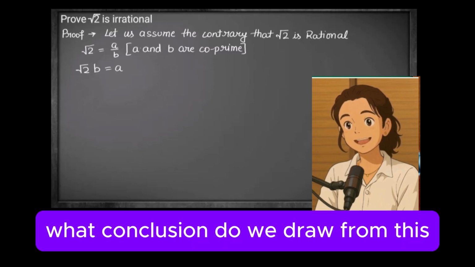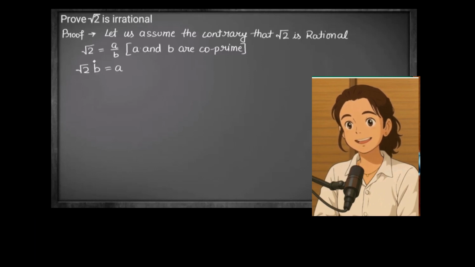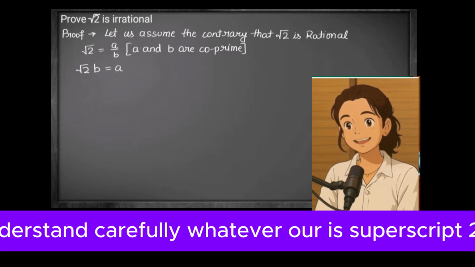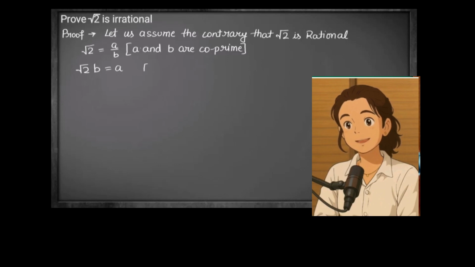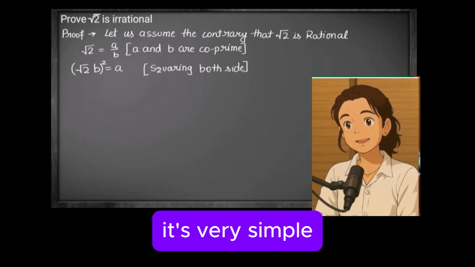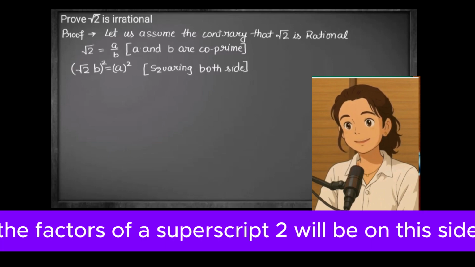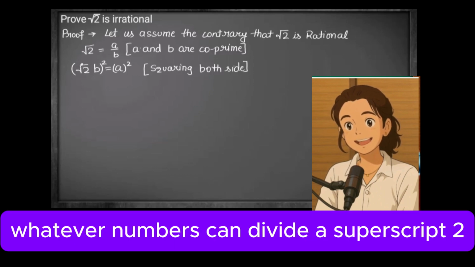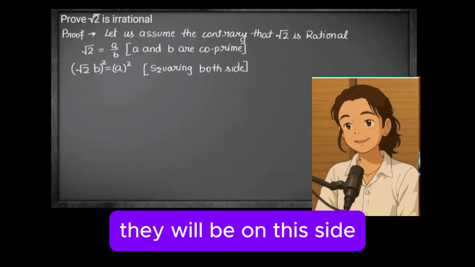What conclusion do we draw from this? Understand carefully. Whatever our a squared is, what can be its factors? By which number can a squared be divided? It's very simple. The factors of a squared will be on this side. Whatever numbers can divide a squared, they will be on this side.